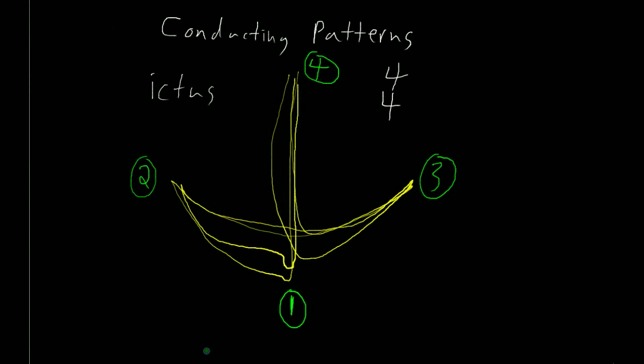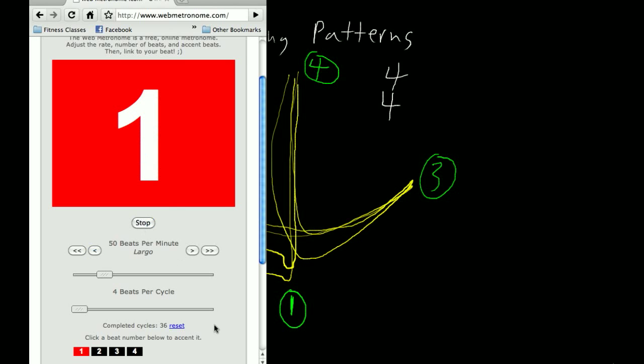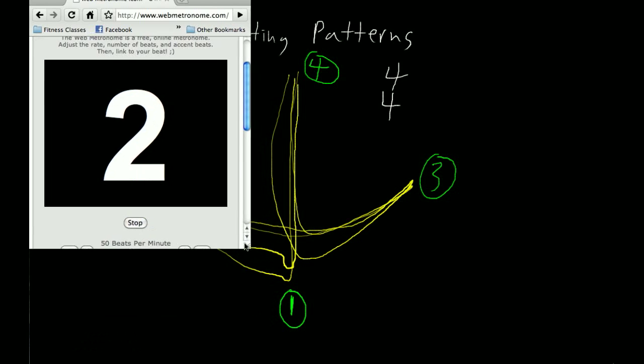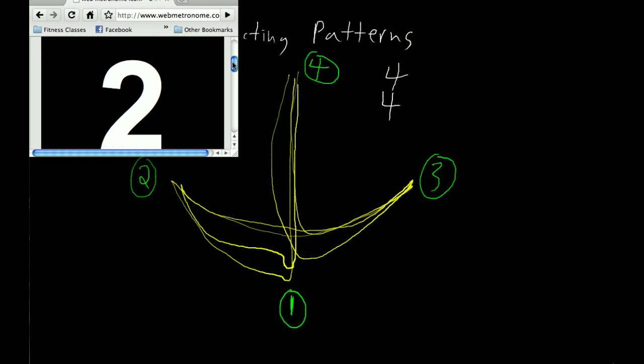So I'm going to put on our metronome and just kind of trace this shape. And actually, where should I put this? So set this to 4, and I'm going to slow it down a bit. Okay. 2, 3, 4, and kind of make this a bit smaller.